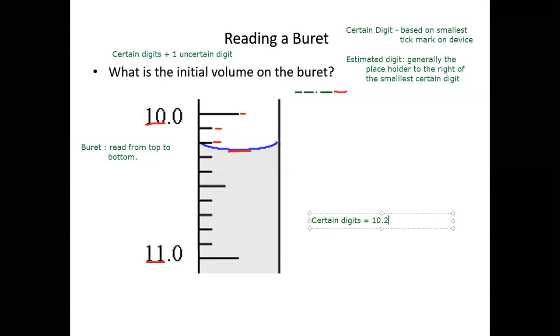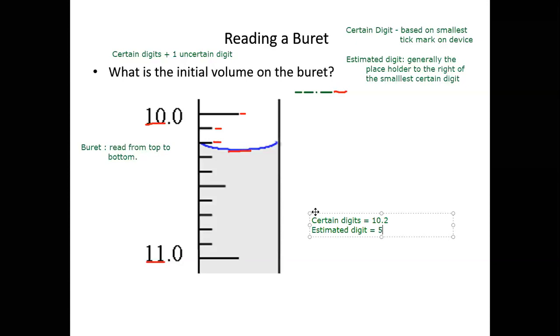However, if you put a 3 or a 4, that's fine as well, but the argument is that it's very hard to discern between 0.05 and 0.03 or 0.04 milliliters. So the common convention is if it's between the two smallest tick marks, we label it a 5. If it's close to a tick mark, the estimated digit is a 0. So using that convention, since the meniscus is between two tick marks, our estimated digit would be a 5.